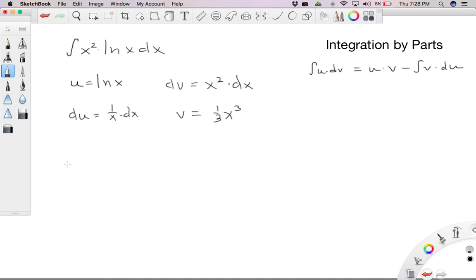Okay, so if we apply the formula, this integral is going to become u times v minus the integral of v times du.